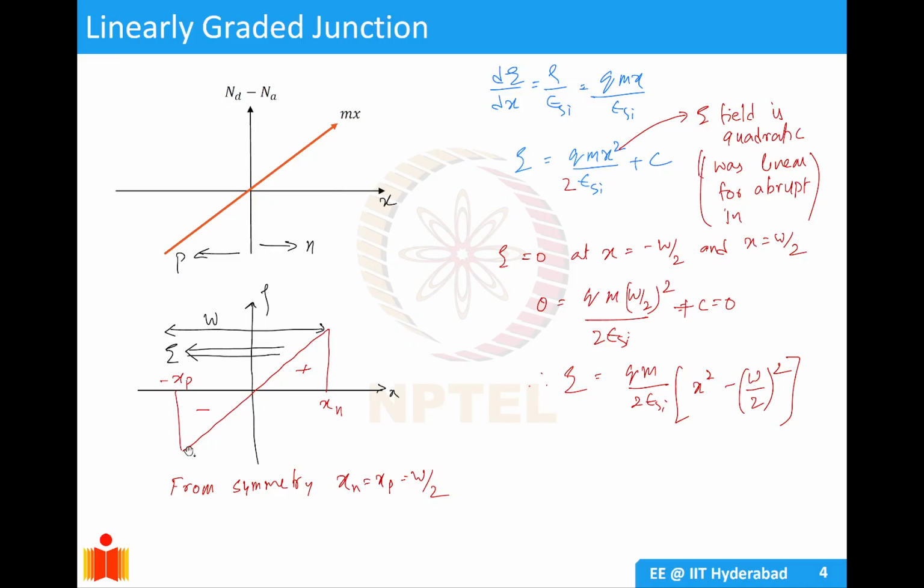At minus xp, you have a huge trapped charge at the edge of the depletion region, and as you go closer to the junction, the trapped electrons decrease. As you move into the n-type region, the number of trapped holes starts increasing, reaching a maximum at the edge of the depletion region.